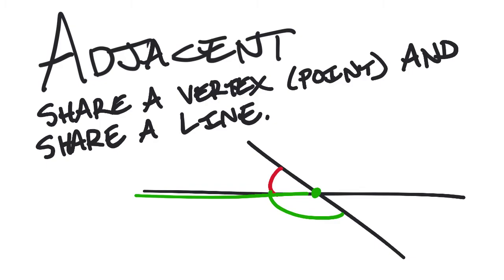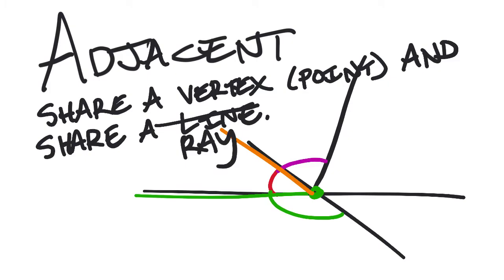Or if we had more lines coming out of this, let's say we got this line right here, then I'd say the purple and the red are adjacent because they share this vertex and this line. Now for a non-example, we could look at the purple one and the green one. Well, I guess you could say they share the line. Maybe perhaps what I should say is instead of line, ray.